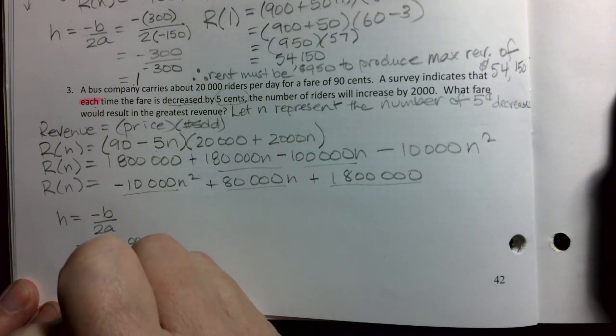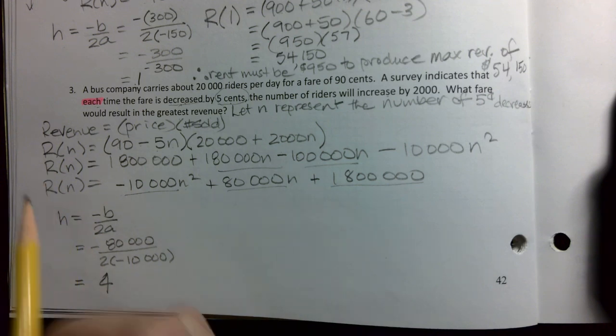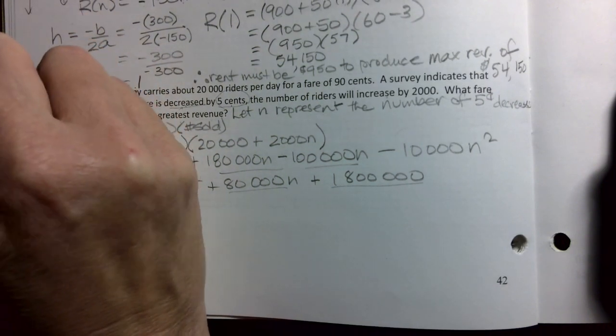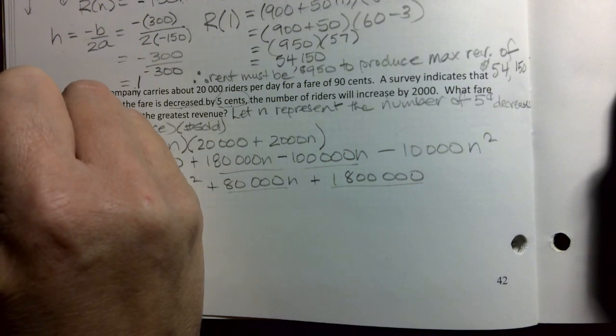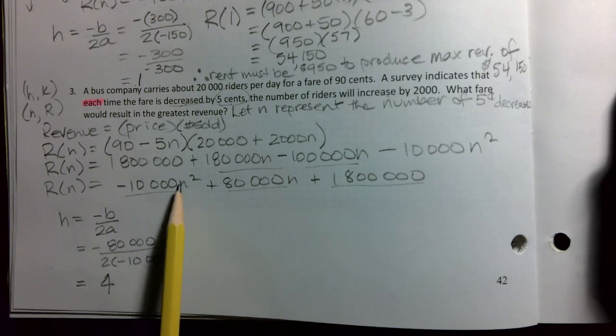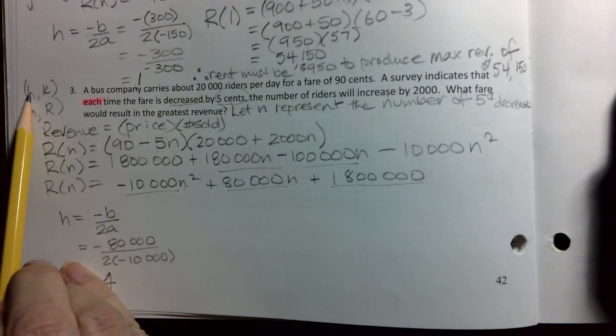Okay. The vertex here, which is normally h comma k, in our case is going to be n comma R. n is behaving like x, and h is the x coordinate of the vertex.